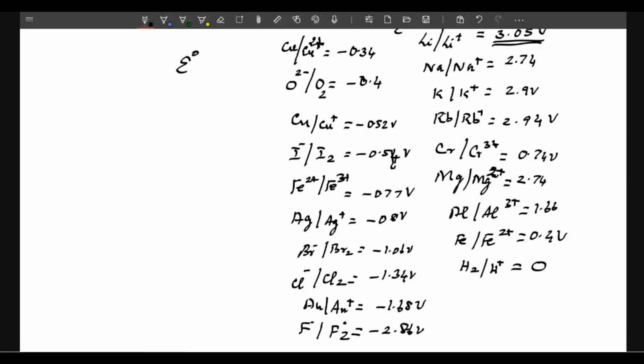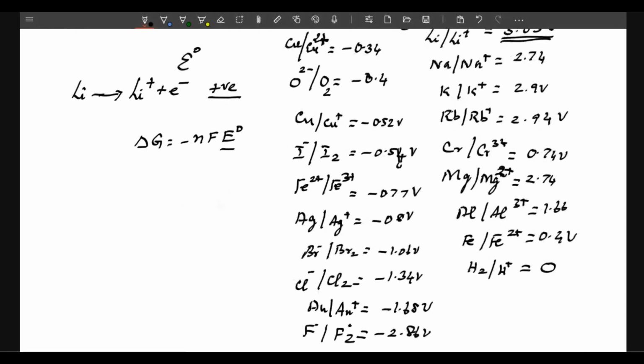What does it mean? Lithium and lithium plus has a higher positive oxidation potential, meaning it has a higher tendency to release an electron. Writing the electrode reaction, lithium gives lithium plus and an electron, and its value is positive. Delta G is equal to minus nF E naught. E is positive means delta G would be negative, and delta G negative means spontaneous.